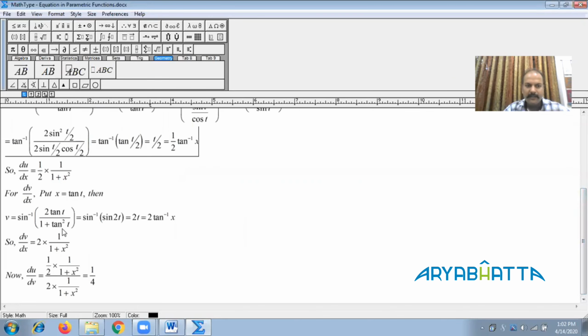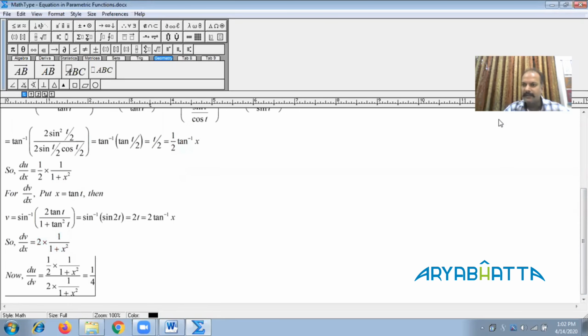It becomes 2 tan theta upon 1 plus tan square theta, that is sine inverse of sine 2 theta. This is 2 theta, meaning 2 tan inverse x. Again go for a derivative. The derivative of tan inverse x is 1 upon 1 plus x square. Now du upon dv will be the derivative of u with respect to x divided by the derivative of v with respect to x. So dividing the two, it will cancel down. It will be 1 by 4.